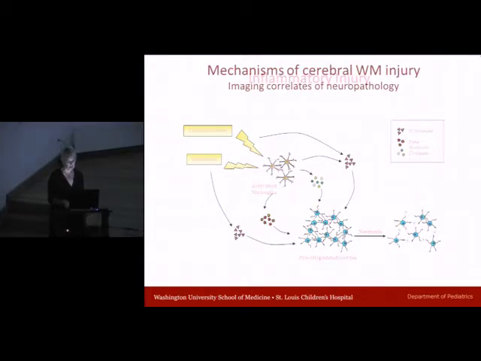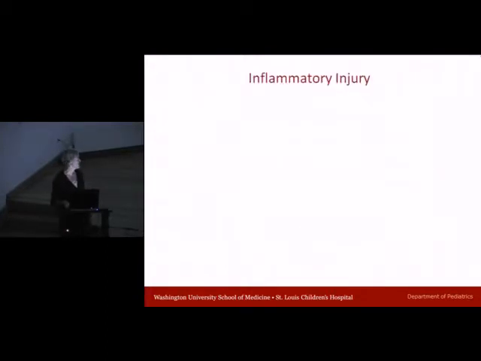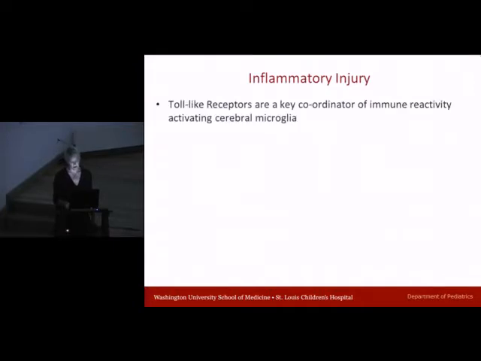So if you're looking at the inflammatory pathway, which is perhaps less well known than the ischemic pathway that we all think of, what is actually going on? What is happening when a baby's brain is exposed to systemic inflammation that would lead to the loss of this cell type? Well, the key mechanism is actually through this thing called the toll-like receptor.